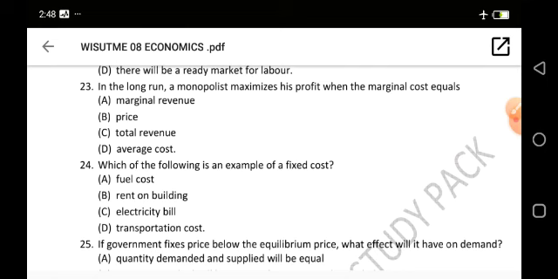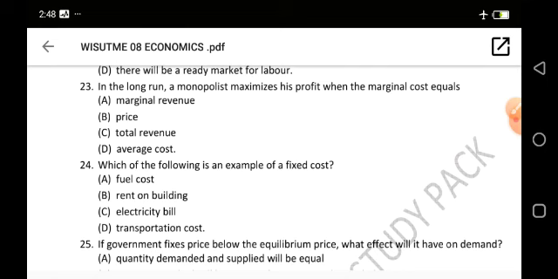Irrespective of the number of people living in that building, the rent still remains the same. Unlike the option which talks about fuel cost: if you are producing more or you put more load on the generator, it consumes more fuel. Depending on the appliances you're using at home, the power holding company will bring more bills. And then transportation, of course, depending on the volume of what you're carrying, will determine the cost you pay. But B still remains the same.